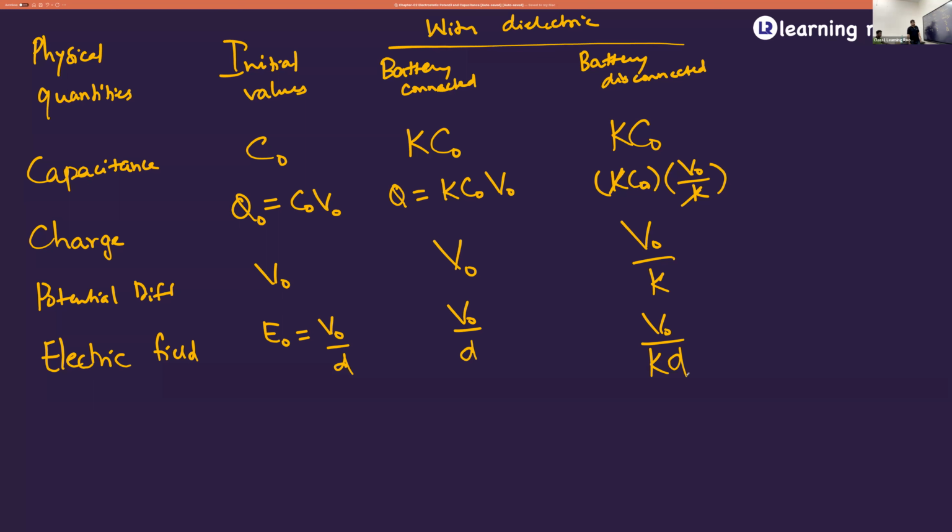Okay. Next is energy. So when I talk about energy, if I say U naught, it is going to be half C naught V naught square.